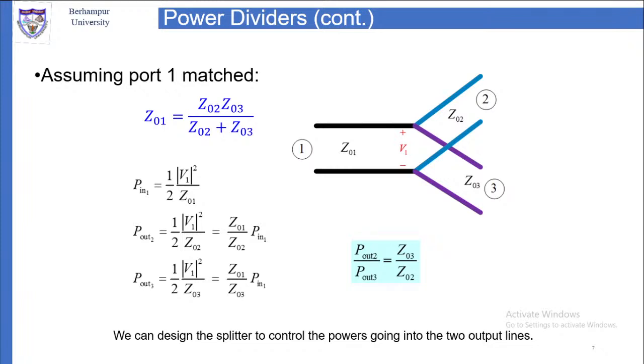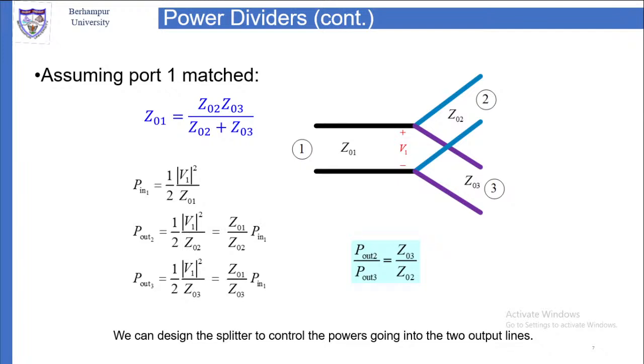Power P is equal to 1 by 2 V square by R, that we know from Ohm's law. So at port 1, the input power P in 1 is equal to 1 by 2 V1 square by Z01.